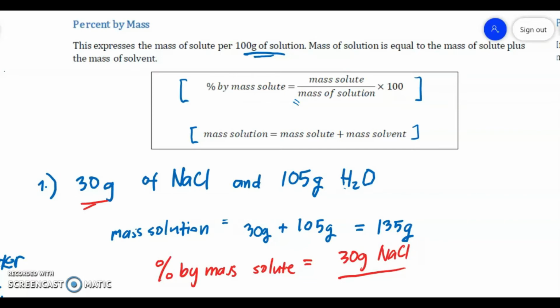On your calculator, this would be 30 divided by 135, which gives 0.22. Since we're taking the percentage, we multiply this by 100, so we have 22.2%. This will be the final answer.